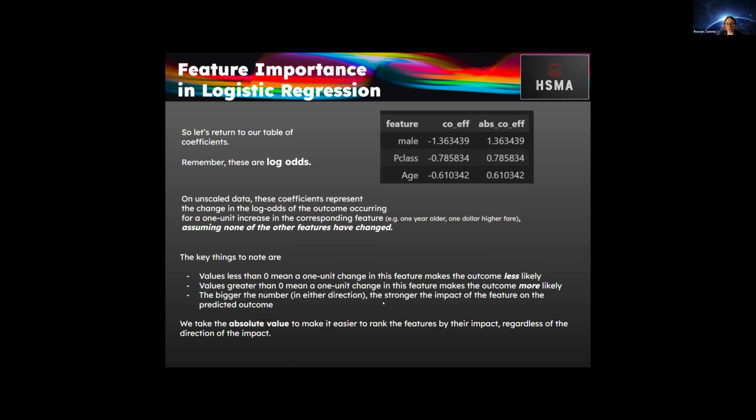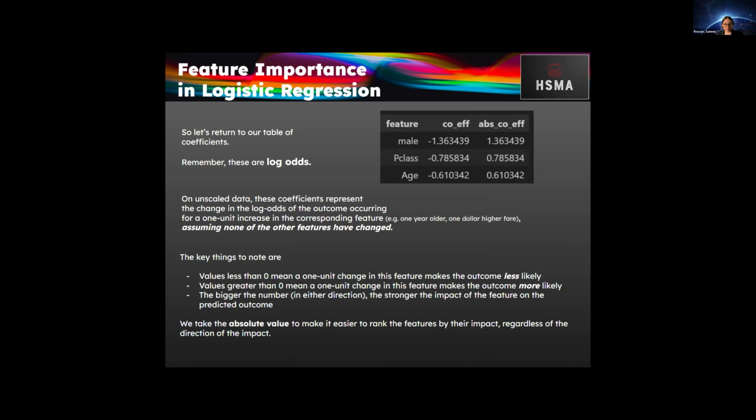Remember, these are log odds. On the unscaled data, these coefficients are representing the change in the log odds of the outcome occurring for a 1 unit increase in the corresponding feature. So let's ignore the fact that we scaled our data for a logistic regression model. Let's assume we didn't.